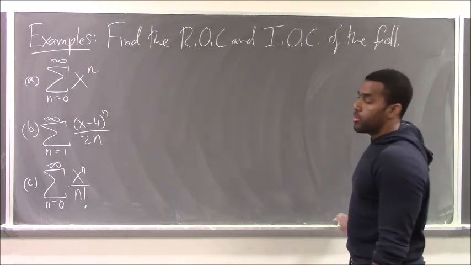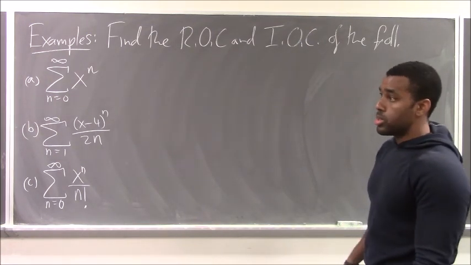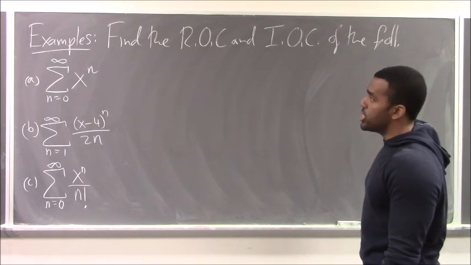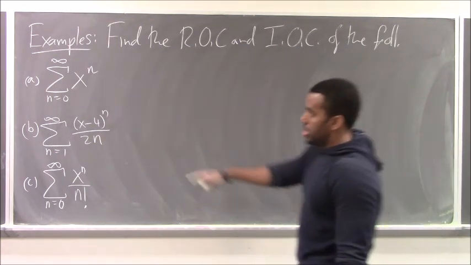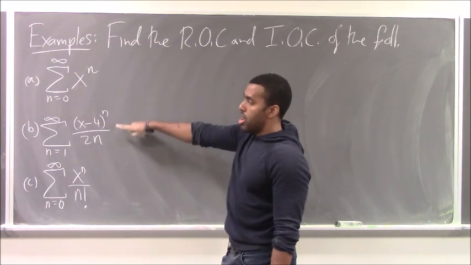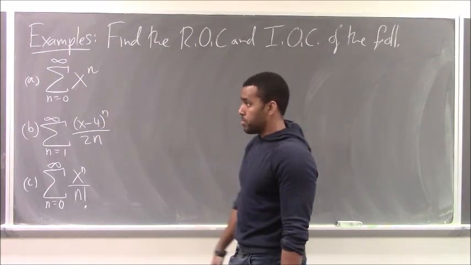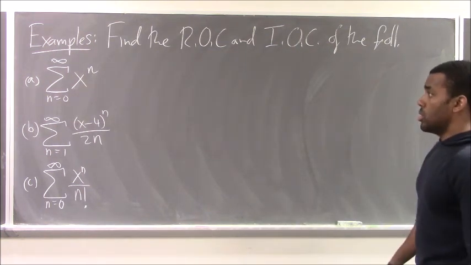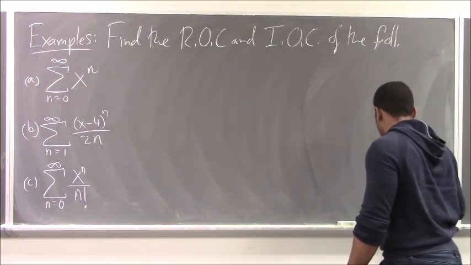Now, the first thing, before I actually move on to doing these examples, I do want you to appreciate the fact that these things that I just wrote down, they're not just regular series, they are in fact power series. So, how would you see that these guys are power series?